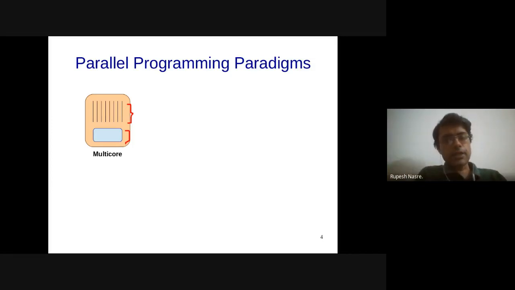So the thread running on the other core will be able to read it. That's why this is called a shared memory paradigm. To program such a setup, we have used OpenMP. There are other libraries or frameworks such as pthreads and Cilk and many others using which we can program such a shared memory system.